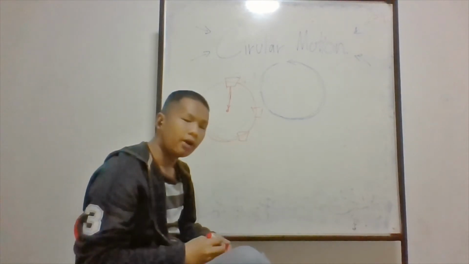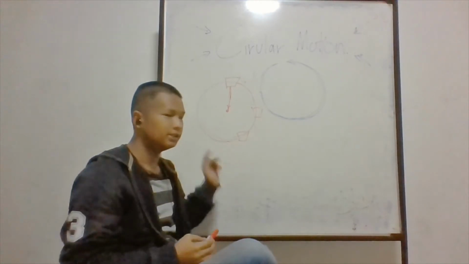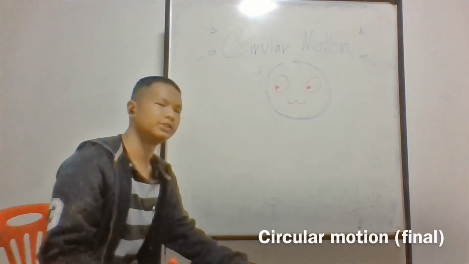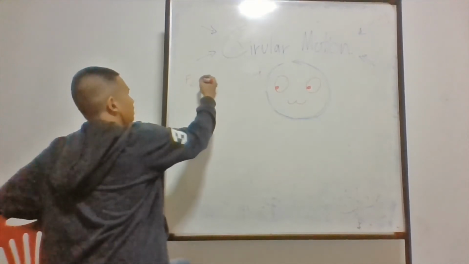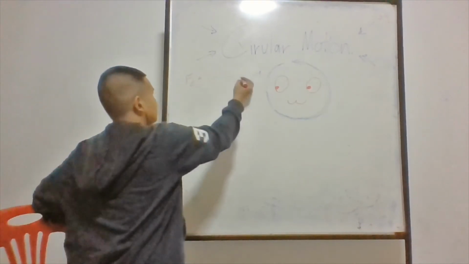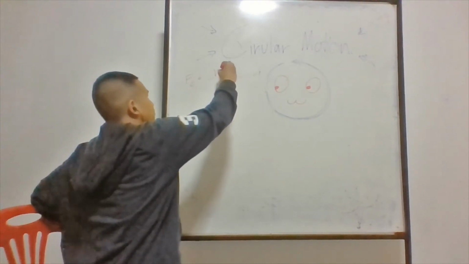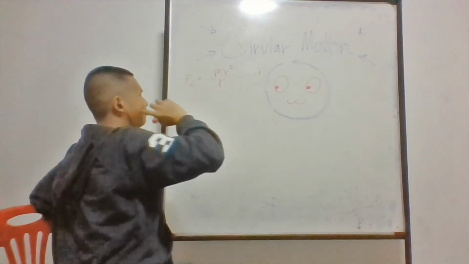Now we are going to talk about the equation that uses this. Let's talk about centripetal force. This is the equation that we are going to use: the centripetal force is equal to mass times velocity squared over the radius.